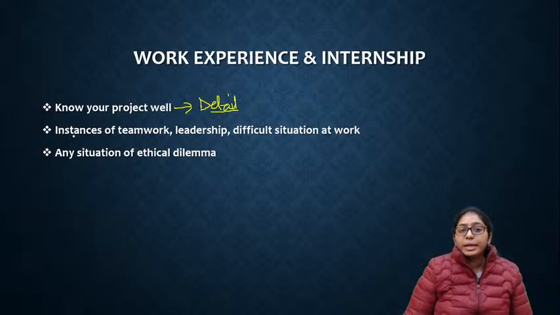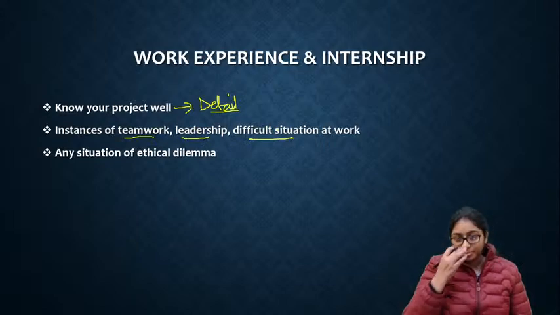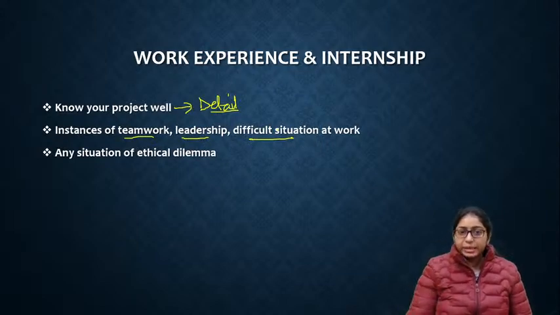Also, you may have instances of teamwork, instances of leadership, difficult situations. Try to think of all these things and keep such instances with you, so in case you are asked such questions, you will be able to answer them.